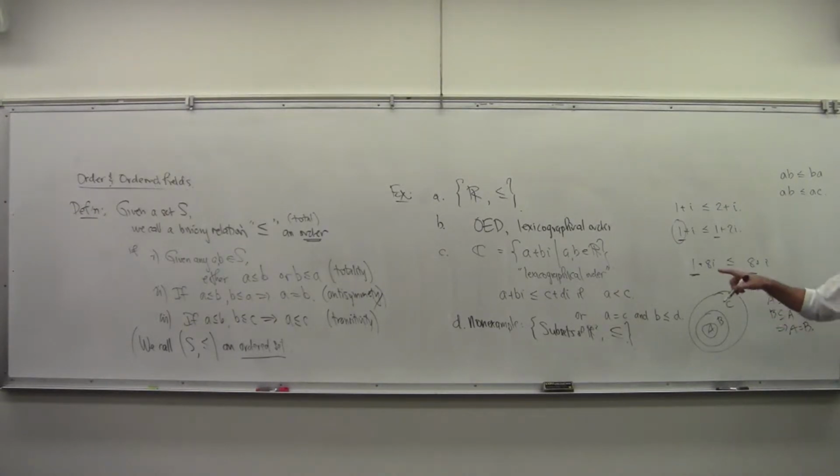But you see that totality fails, right? I could have 2 sets and neither is contained in the other. So I've got set A and set B, but A is not contained in B and B is not contained in A, right? So this is not a total order.